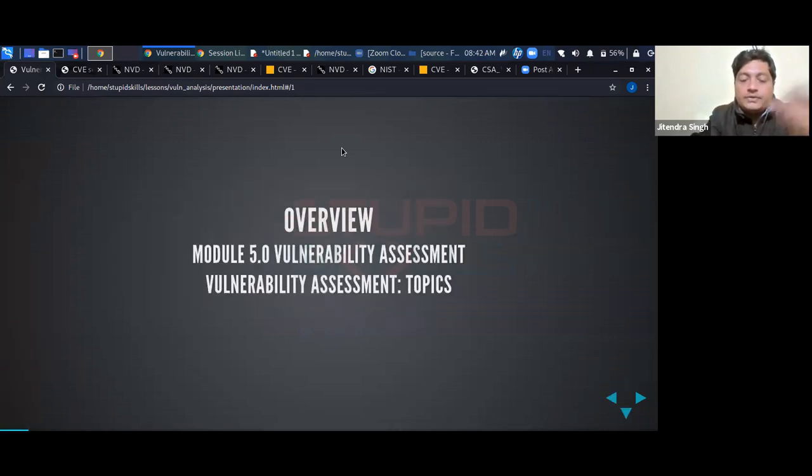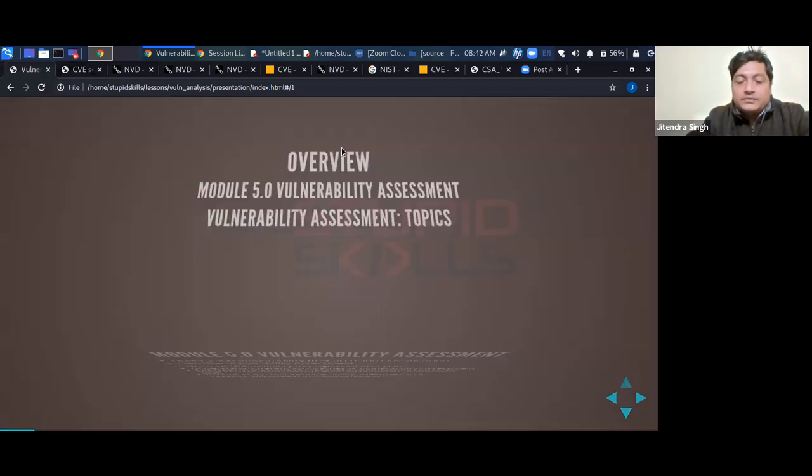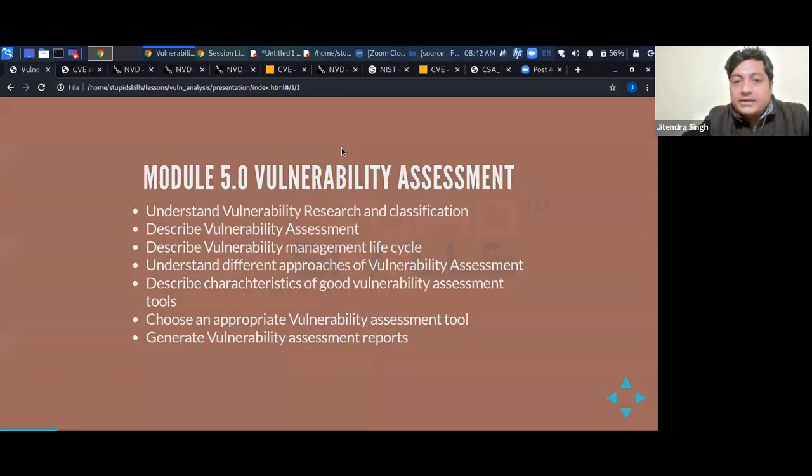So I would mention some of the topics. Participants who are joining today, after attending this session, you should be able to understand various research, how it is done, and how you can classify vulnerabilities.